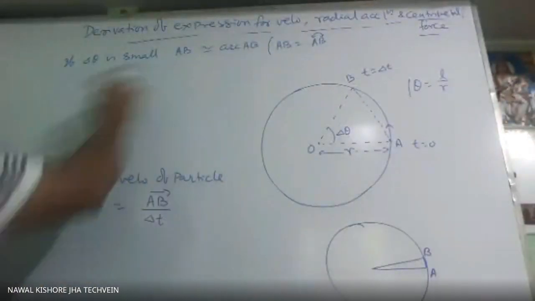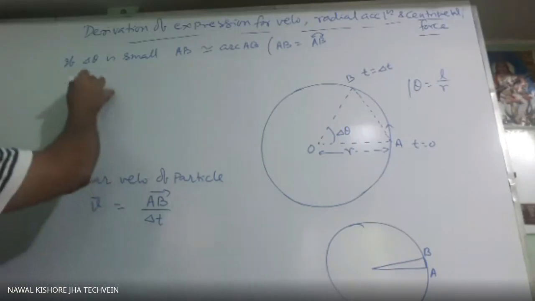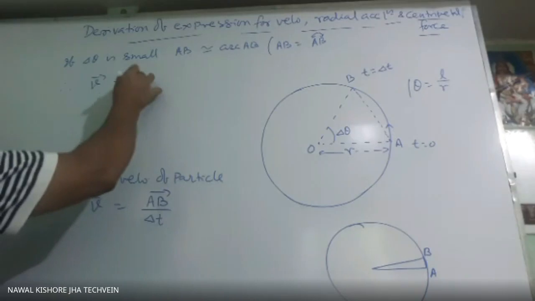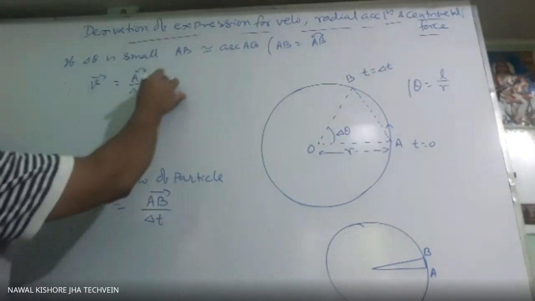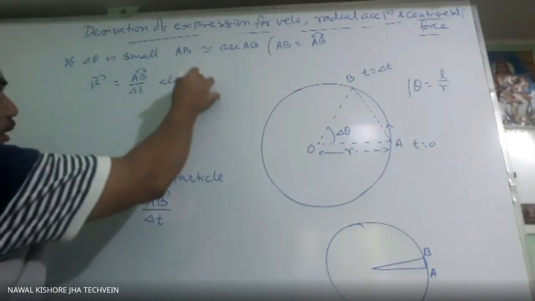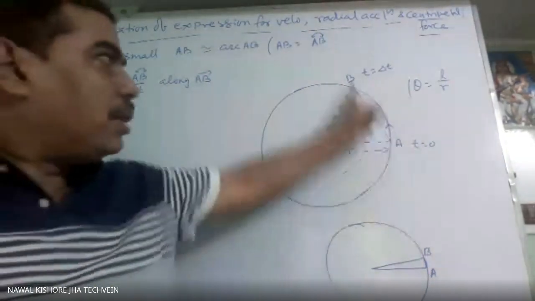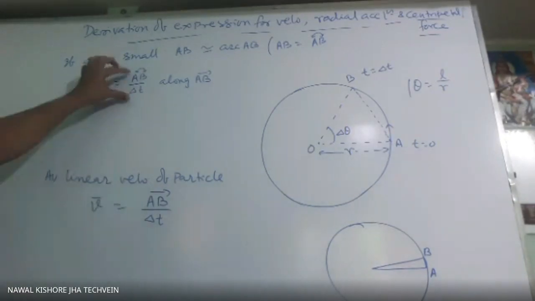Now this average v we can write as arc AB over delta t, and the direction will be along vector AB. Velocity is a vector quantity, so we have to find magnitude as well as direction. Magnitude is given by this much.